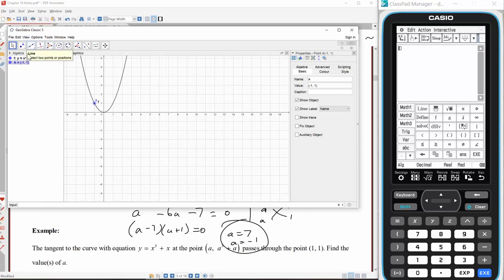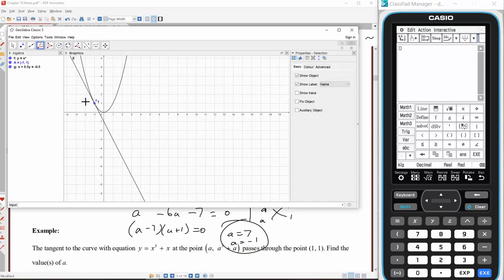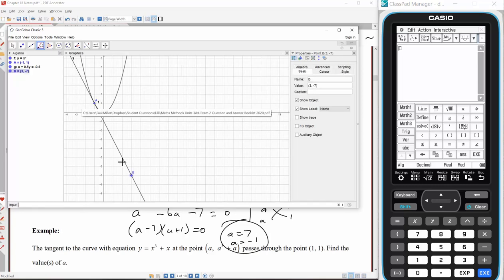So what I'll do is I'll get GeoGebra to draw a tangent. Select point and function, and it draws the tangent. Now, I'll also put the point (3, -7) in, and lo and behold, the tangent runs through there. Now, the other one was at (7, 49), so I'll just pop that point in as well. So that's all the way up there.